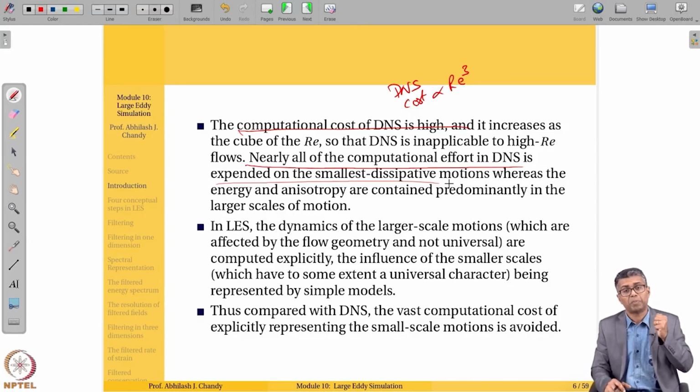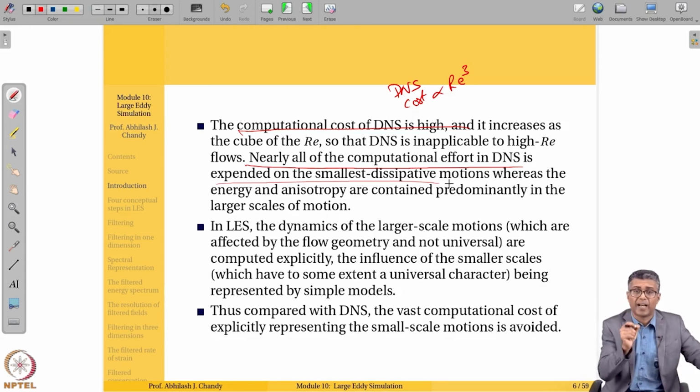In fact, you might even be able to identify what kind of flow problem it is. Is it a jet problem? A channel flow problem? A boundary layer problem? A shear flow problem? You might be able to identify that, because of that anisotropy, the directional bias. So that's one thing.